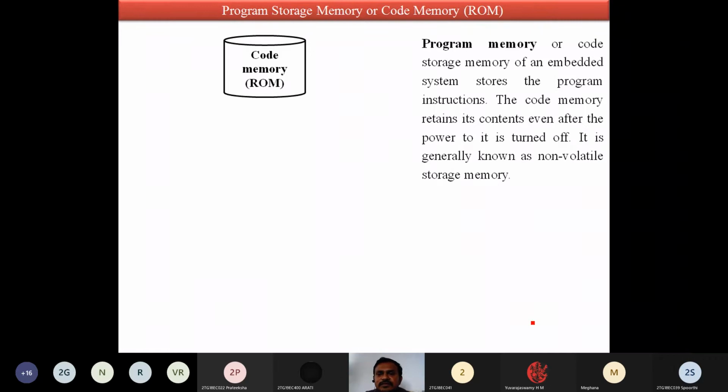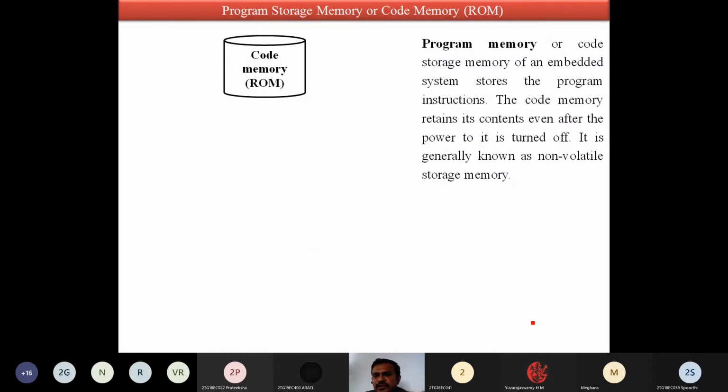It is a permanent memory. Whatever data is stored is only for read purpose, not for write purpose. Even if the power of the embedded system is turned off, the data in the ROM is safe and stored permanently.